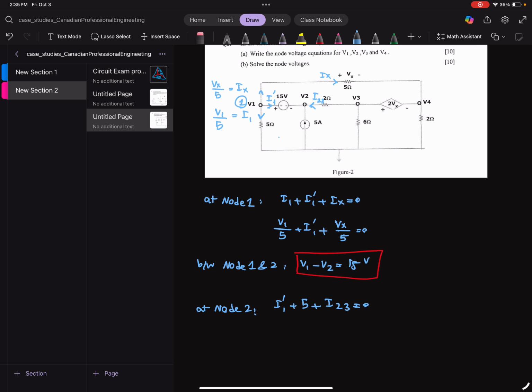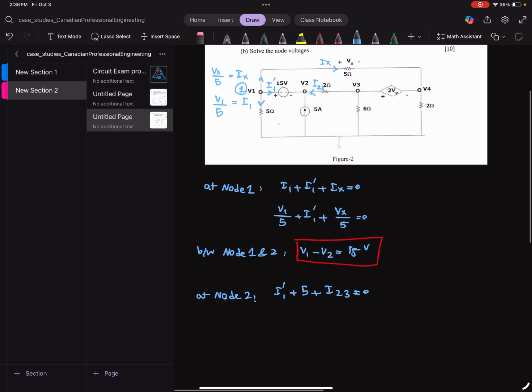If I chose I23 to be the other way, then I would have to put a minus here, because its direction compared to the other currents would be reversed toward the node. But now all of the currents, I23, I prime 1 and 5 amp, are coming toward the node, so I can put all of them as positive.